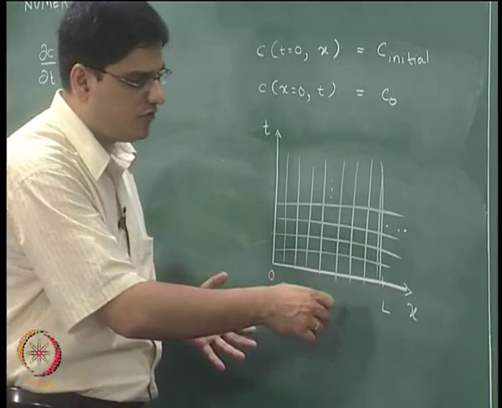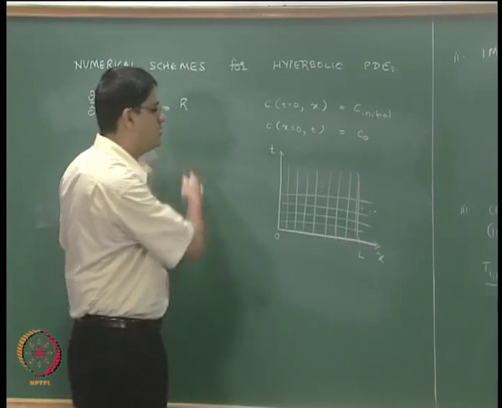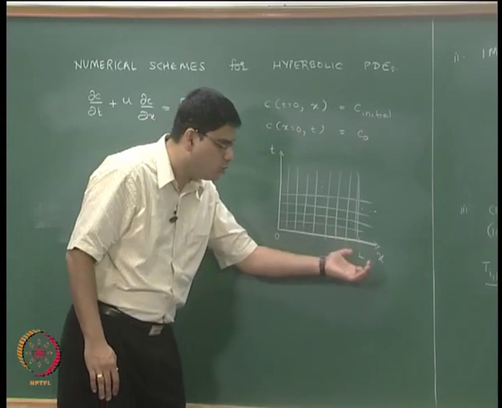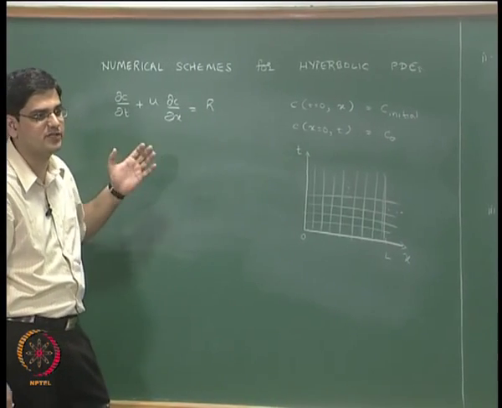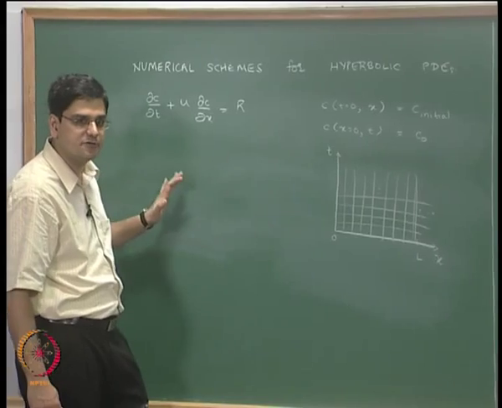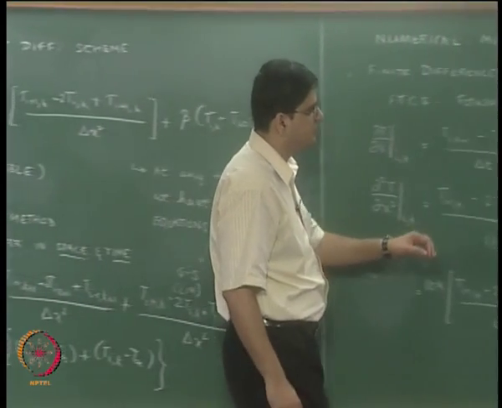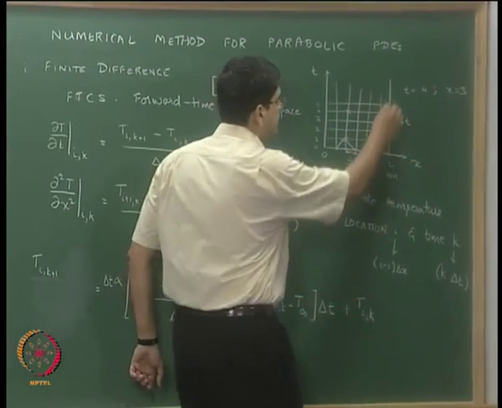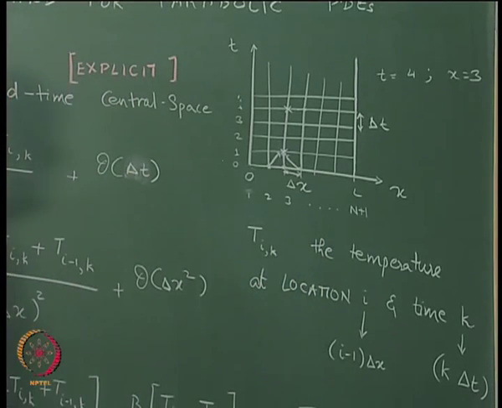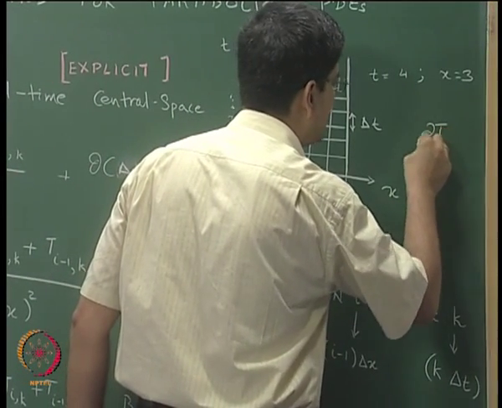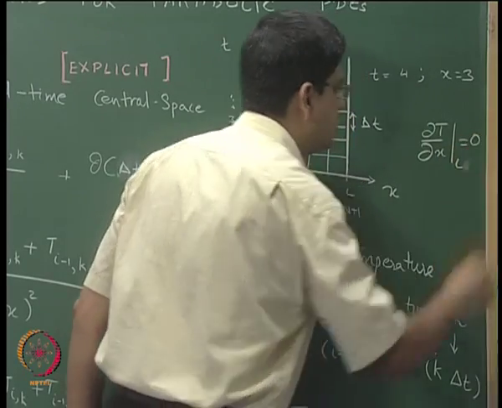However, there is no reason for us to necessarily stop at length L. For example, if the reactor length in this particular case is L, based on the overall equation, it is not predicated that we need to stop solving when we reach L. We can indeed continue solving this equation well beyond L, whereas when it came to the parabolic PDEs, okay, there the solution was fixed at L as well, because at L we had another boundary condition, for example, dT by dx at x equal to L equal to 0.